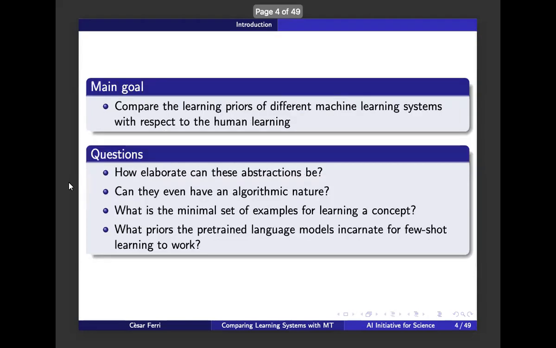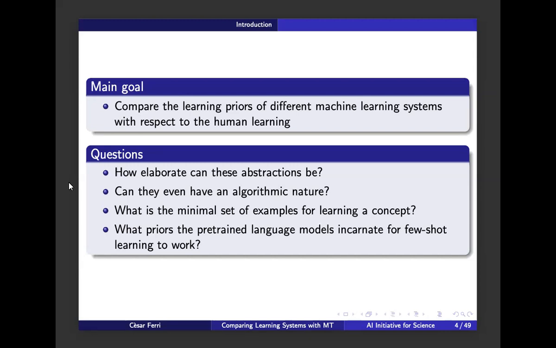So the main goal of my presentation is to study the learning priors of different machine learning systems, and we will compare these priors with respect to the way humans learn. This is the main goal of this presentation.